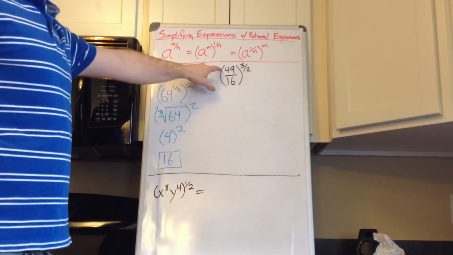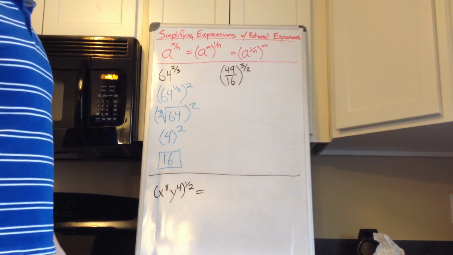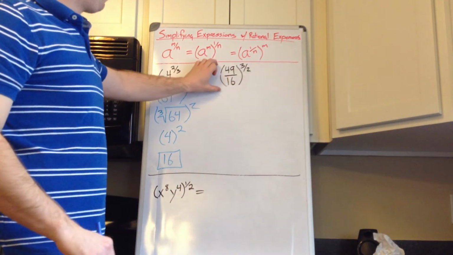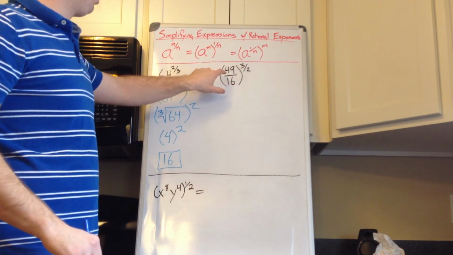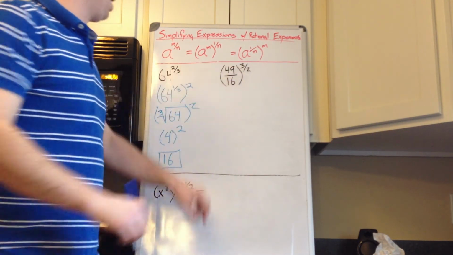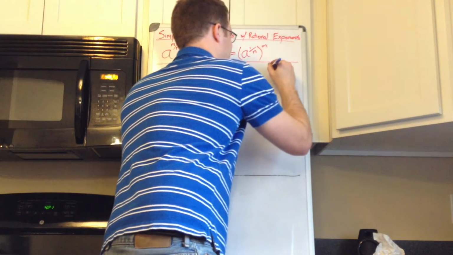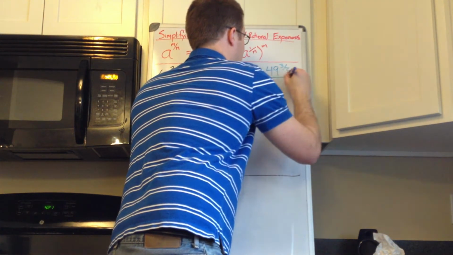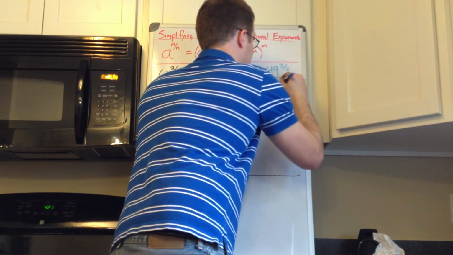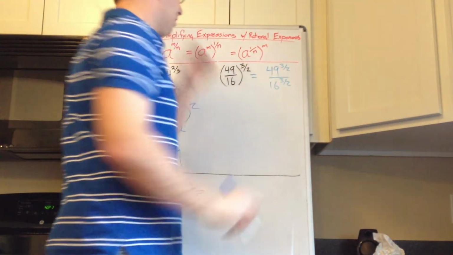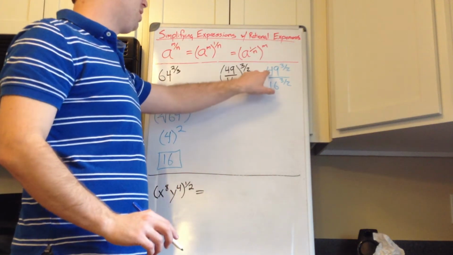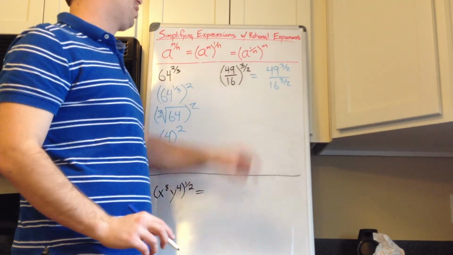Okay, over here we have 49 over 16 raised to the 3/2 power. The first thing we're going to do is, because we have a fraction raised to an exponent, I'm just going to put the exponent here on the top and there on the bottom. So we have 49 to the 3/2 over 16 to the 3/2. Same thing. So now again we have to decide whether we want to cube these numbers first or take the square root of them first.